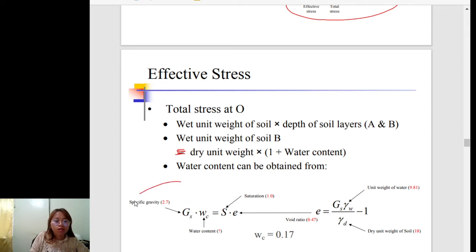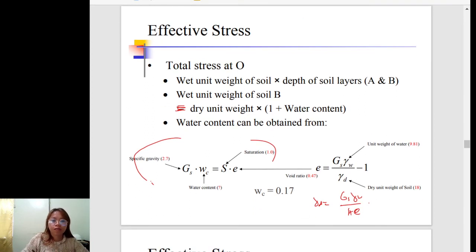The same. You use this one, but to be able to use this one, dapat gamiton pa niyo na siya. This is actually from, which I discussed ganina, that is GS gamma over 1 plus E, which we discussed sa atong previous nga topic, volume weight relationship, di ba?